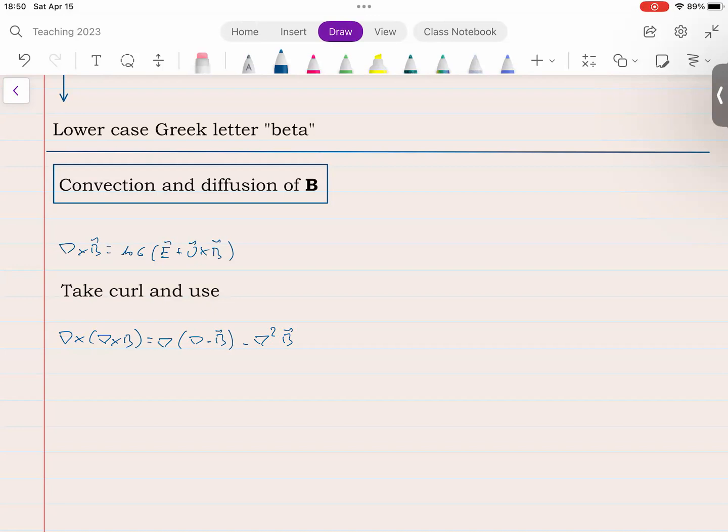And del cross E we can get from Faraday's law, and this will give us minus dB over dt.